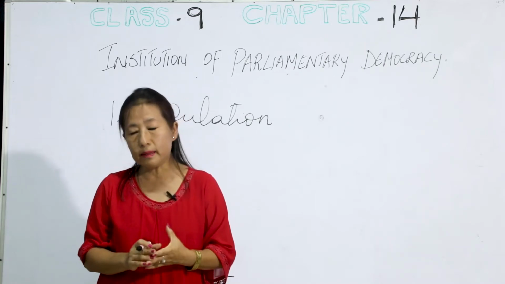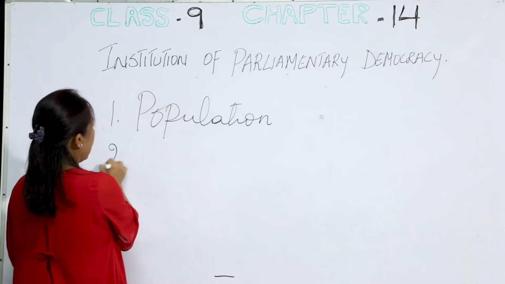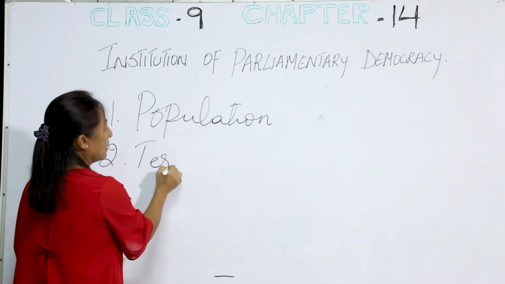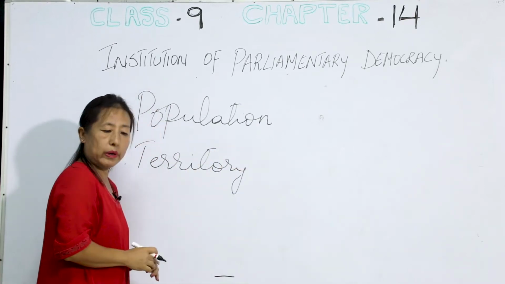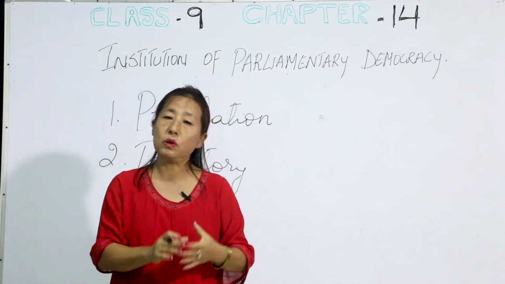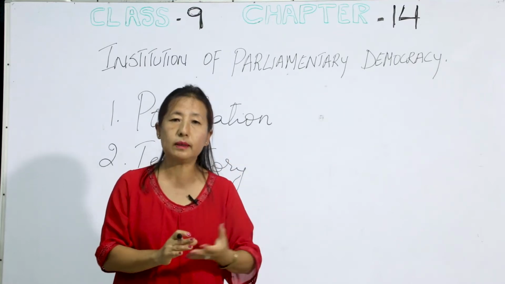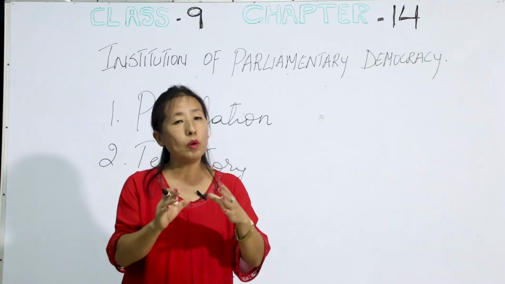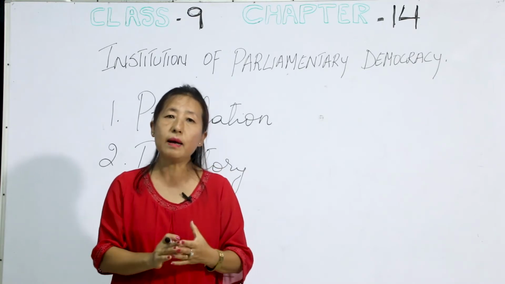Then the second element, as it is written in your textbook, is the territory. When we say territory, we are talking about the exact boundary. If you look at the Indian map, we have our own definite boundary.